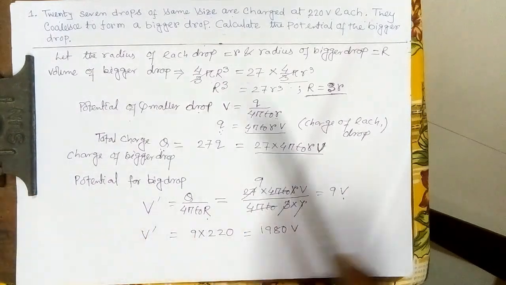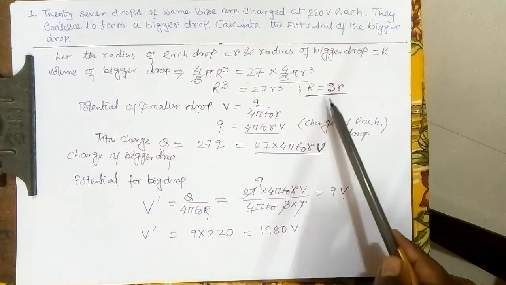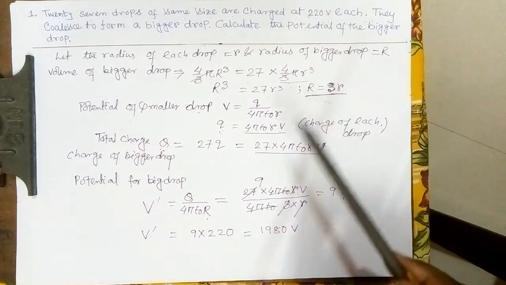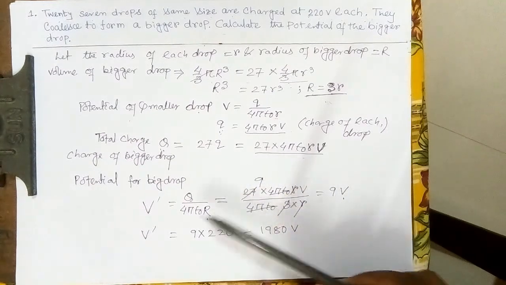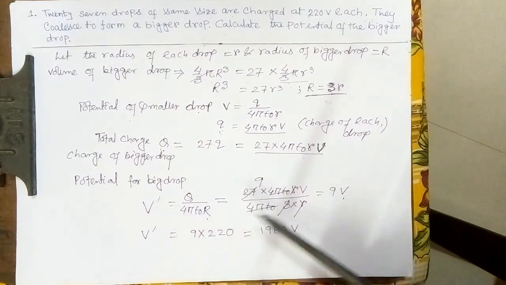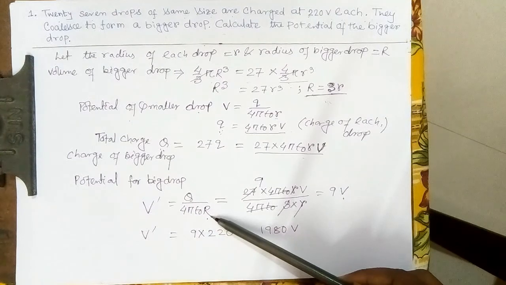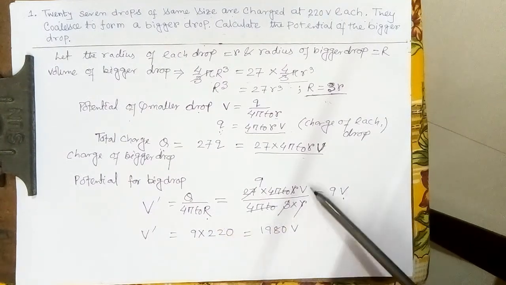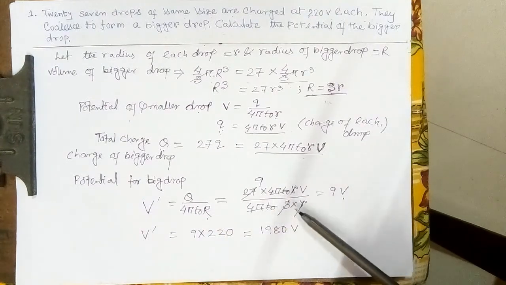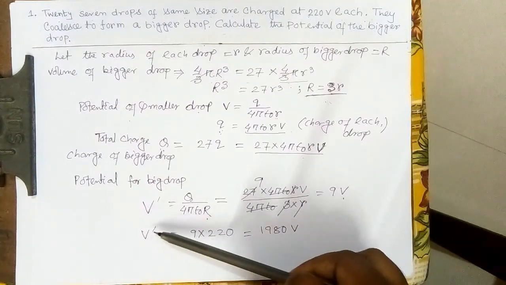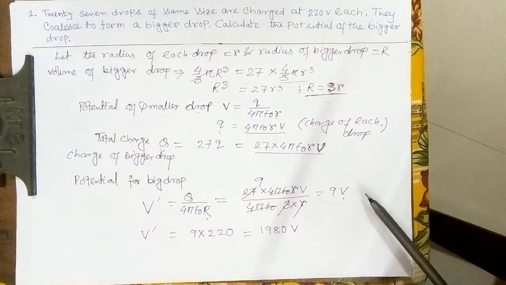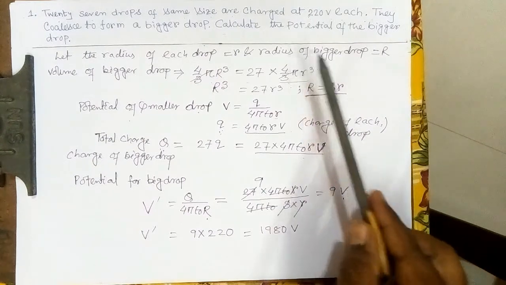So first of all, you find the relation between the radii, that is your first target, and next you find the total charge. If you get the total charge, we know the potential, and as you found the radius earlier, by that equation you will cancel out and find the relation between the potential and the potential of the small charge.